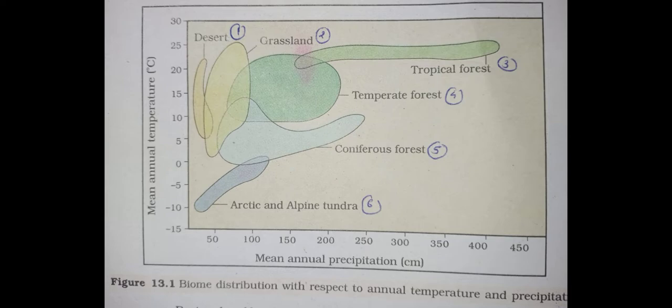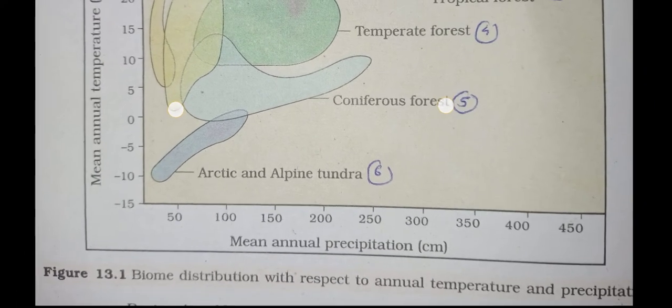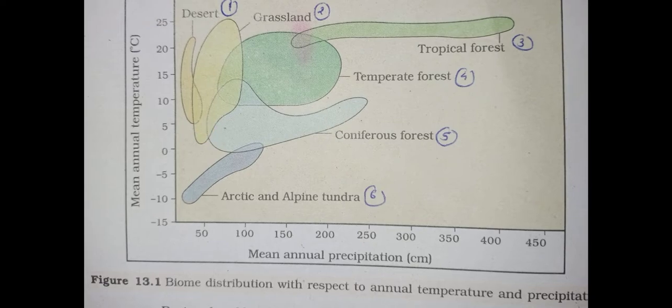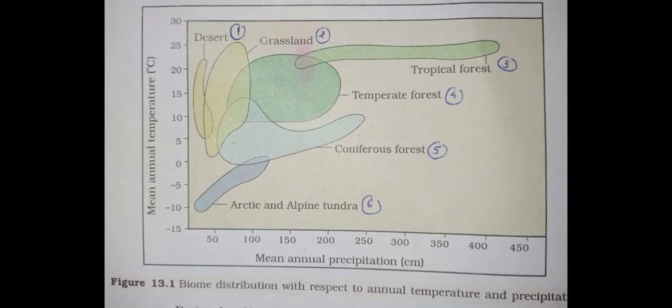Now see, we have a very important diagram, number 13.1: biomes distribution with respect to annual temperature and precipitation. You can see mean annual temperature in degrees Celsius and here mean annual precipitation in centimeter.